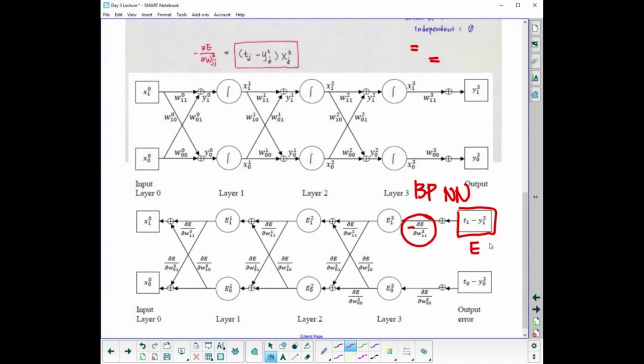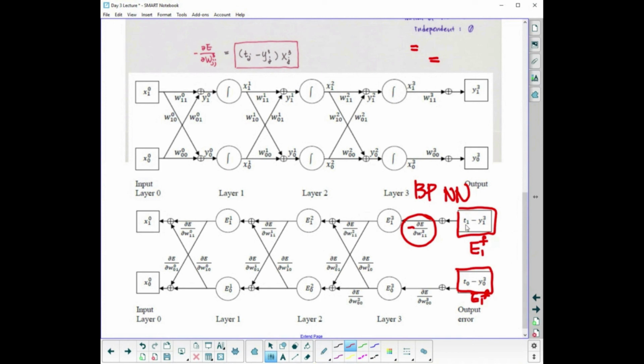at E. This one's input level is 1. The layer can be the output final layer. You are going to have T1 minus Y1 layer 3 final layer, or T0 minus Y0 layer 3.